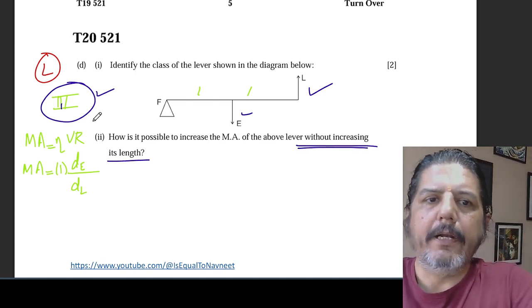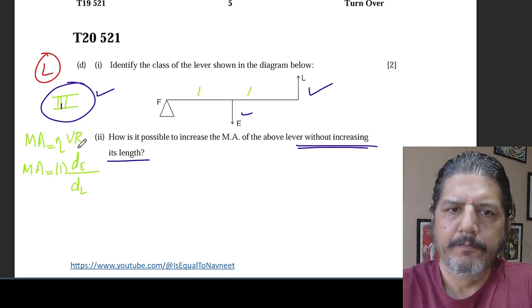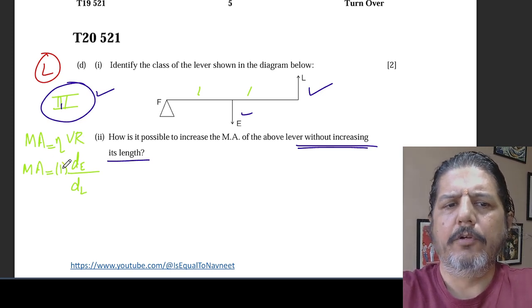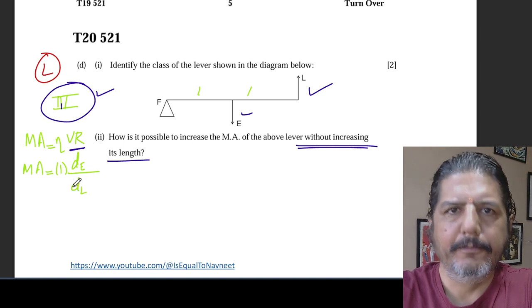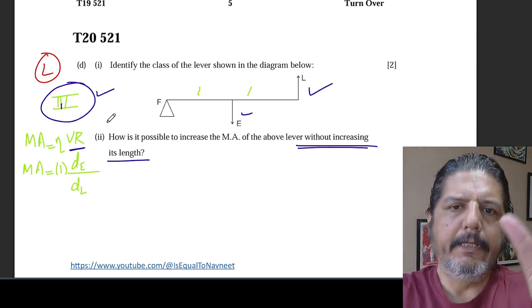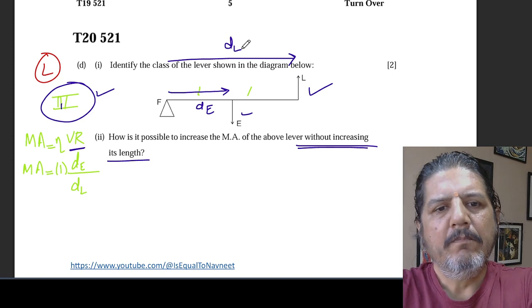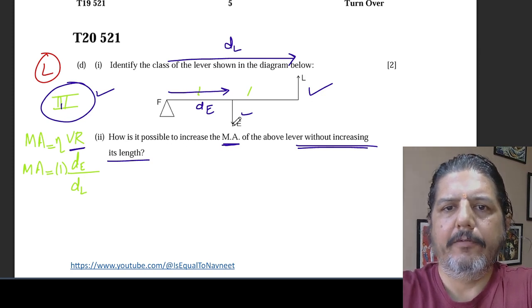Now, let's try to understand. See, mechanical advantage is given by efficiency into velocity ratio. I'm taking a very simple case where the efficiency is 1. So mechanical advantage is equal to 1 multiplied by the velocity ratio, which is given by dE by dL. This would be the dE, and this one would be the dL. Now, I want to increase the mechanical advantage.